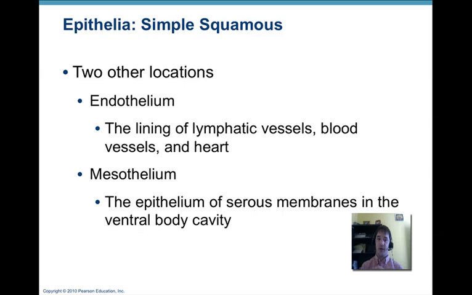And the simple squamous is also found in mesothelium, and this is the serous membranes, the epithelium of the serous membranes in the ventral body cavity. So the membranes that surround your guts.